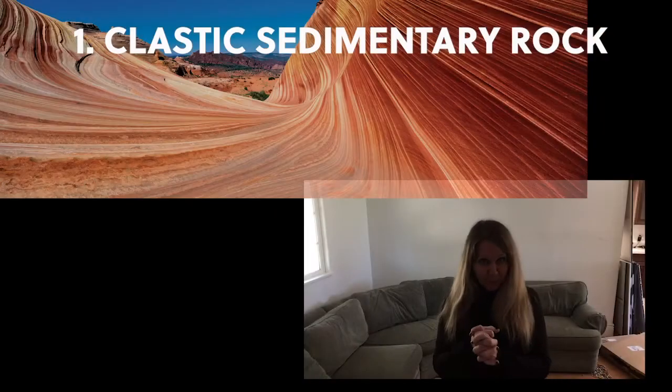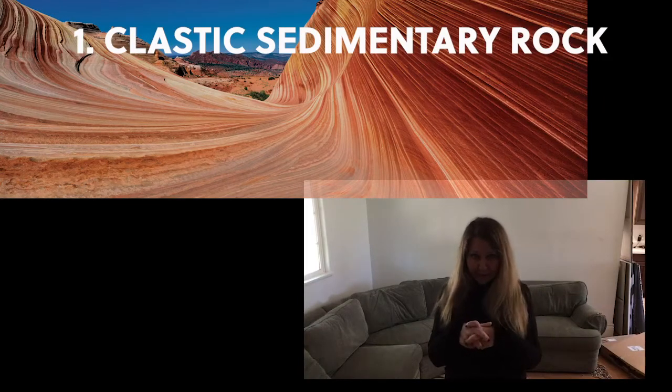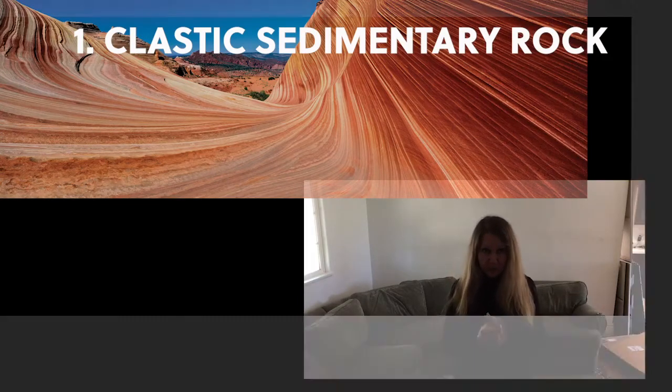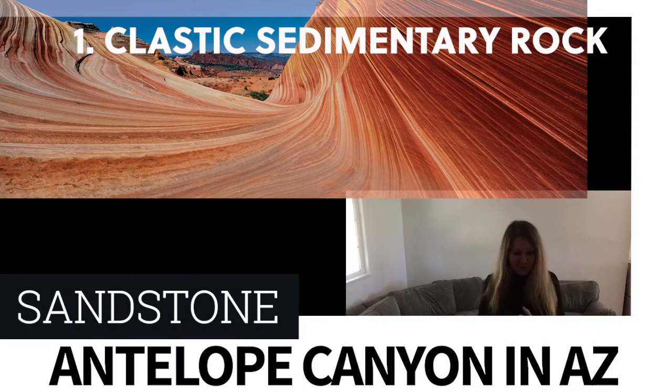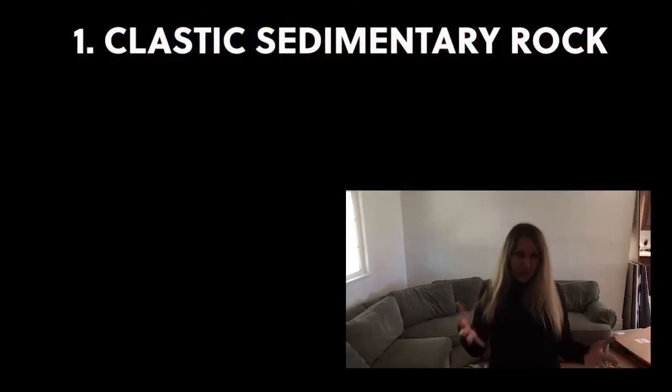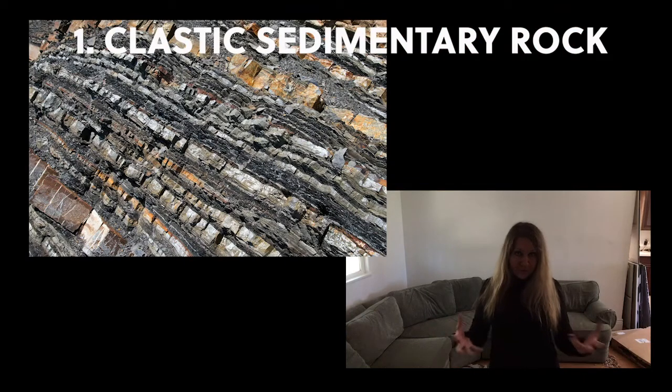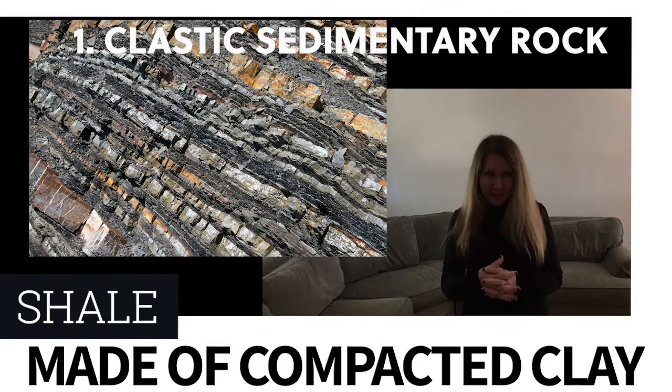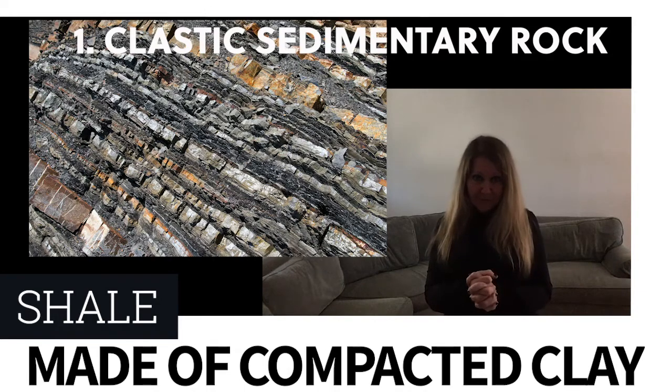Examples of some clastic sedimentary rock include sandstone, which is when sand particles are packed and compressed together. We also have shale, which is made of compacted clay particles, and clay particles are smaller than sand.